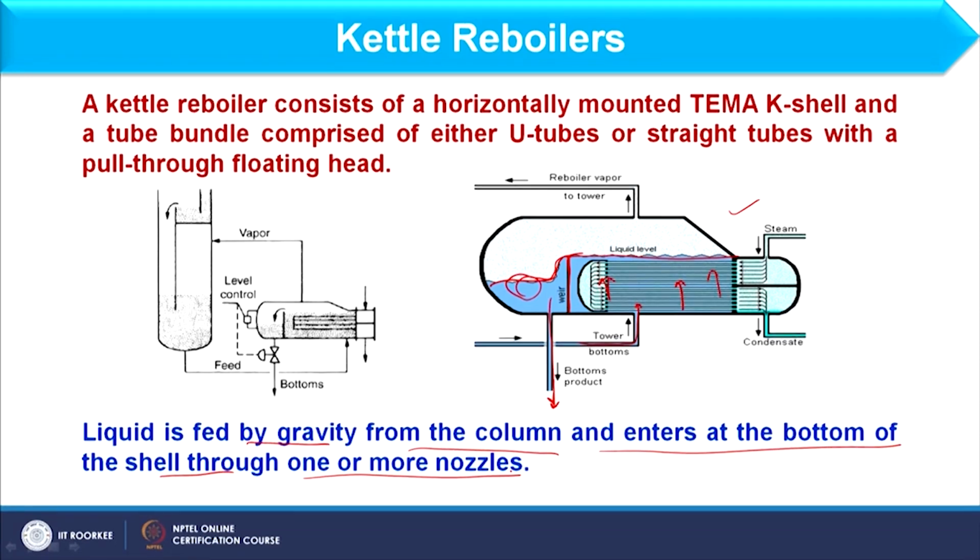It is not a vapor-liquid mixture, right, and the product of the distillation column we collect from the reboiler, not the distillation column. If you remember the condenser, the product of the distillation column from the top is collected from the condenser, not the distillation column directly, right.